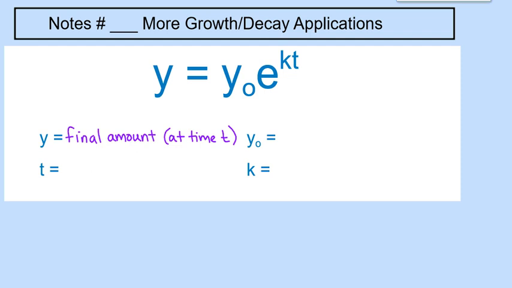In the previous equation, we used A for that, but right now we're just calling it Y naught because, hey, why not? Y naught is this Y sub 0. Naught is N-A-U-G-H-T, which basically means nothing. So when I say Y naught, I mean the Y value at time 0. That's the initial amount at time 0.